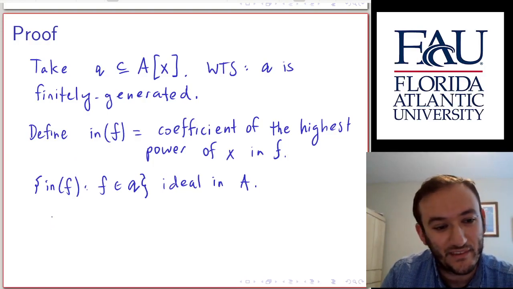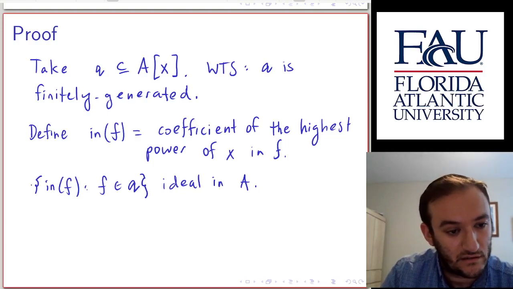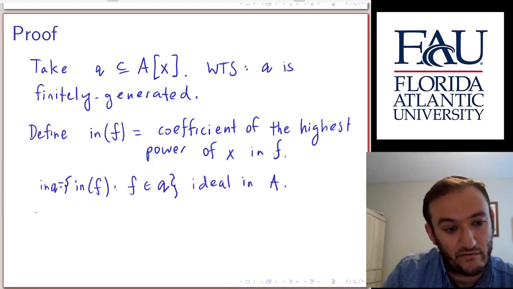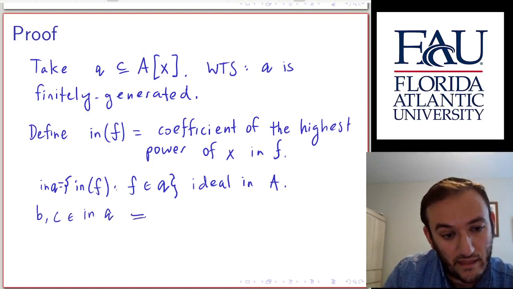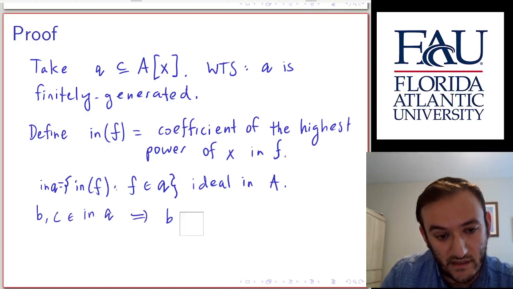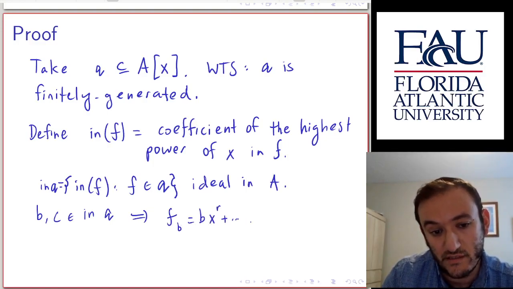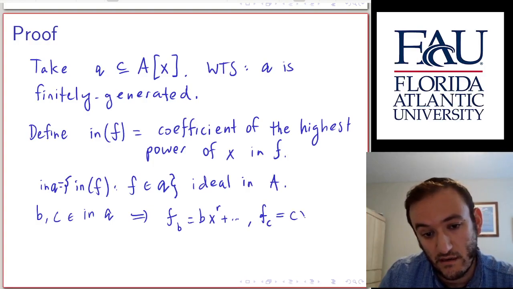So if you have B and C in the initial ideal, that means that there's some polynomial FB, which is equal to B x to the r plus lower order terms, and there's some FC equals C x to the s plus lower order terms, both of these in the ideal.